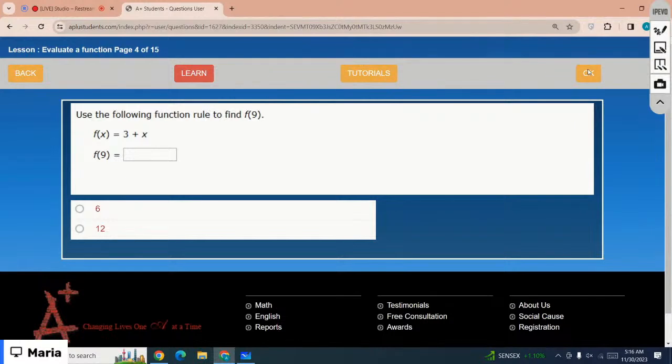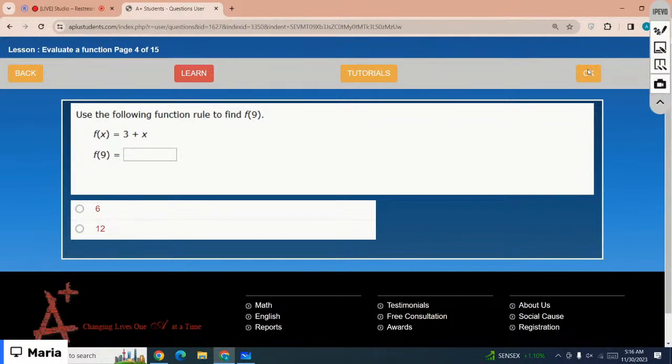Use the following function rules to find f of 9. So which is the correct option? You have to evaluate the function on x equals 9.